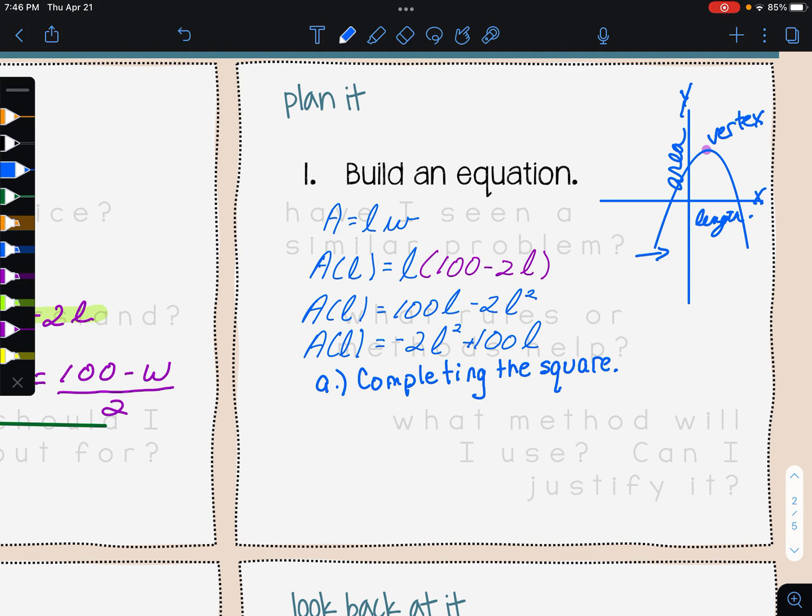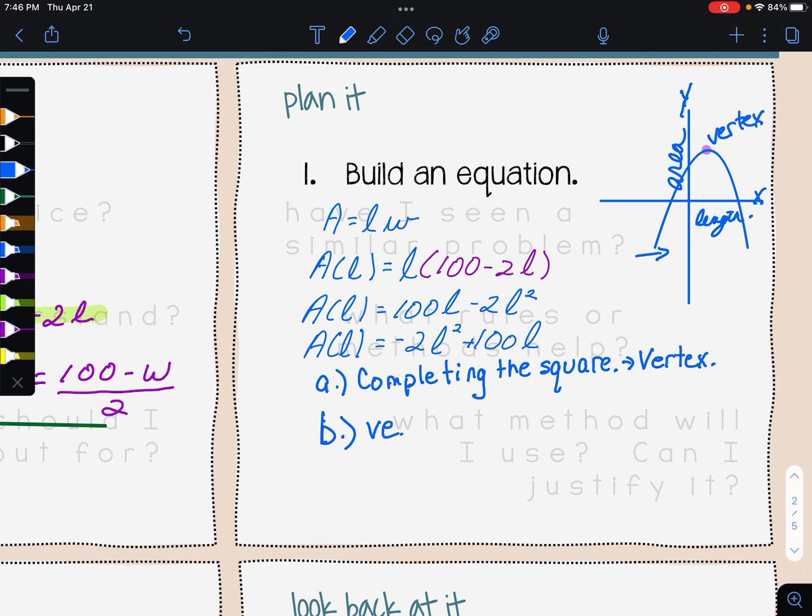She loves to use it only when she has to, because it's not always as efficient and can affect our accuracy. But that would get us to vertex form, and that would help us quickly determine what that vertex is. But remember, there's the second approach, as long as we memorize the formula for the vertex to go directly from standard form.